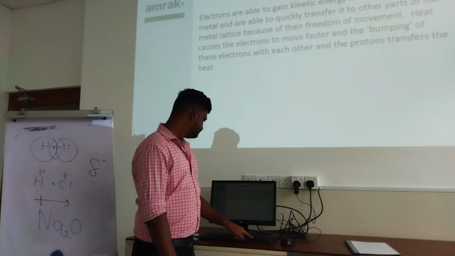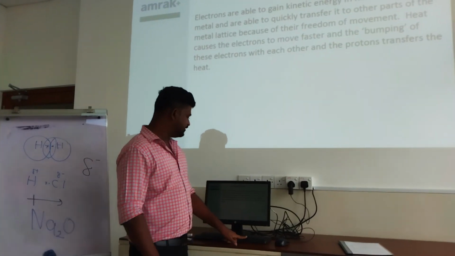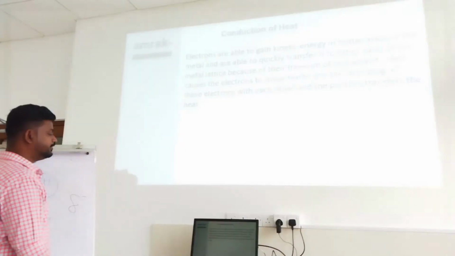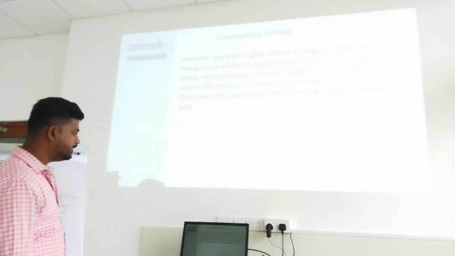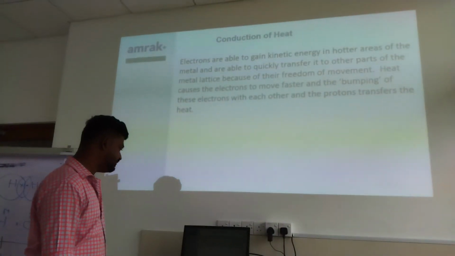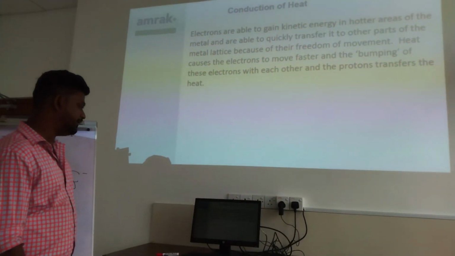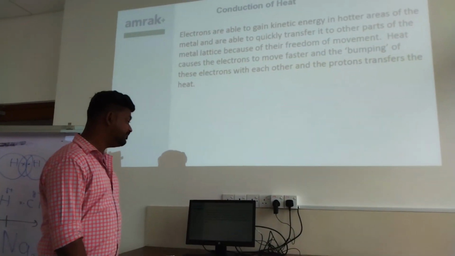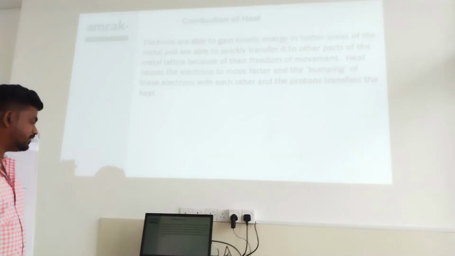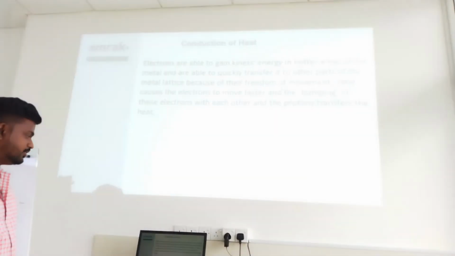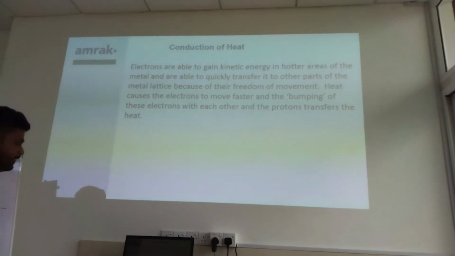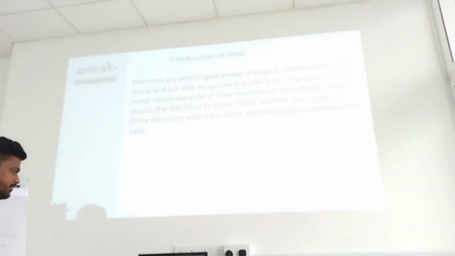Conduction of heat. Electrons are able to gain kinetic energy in hotter areas of the metal and are able to quickly transfer it to other parts of the metal lattice because of their freedom of movement. Heat causes the electrons to move faster and bump into each other and transfer the heat.